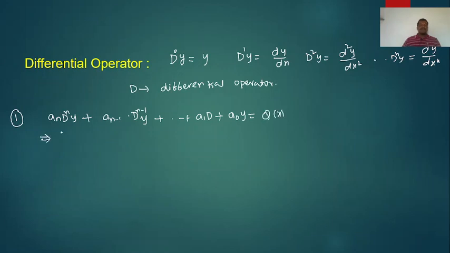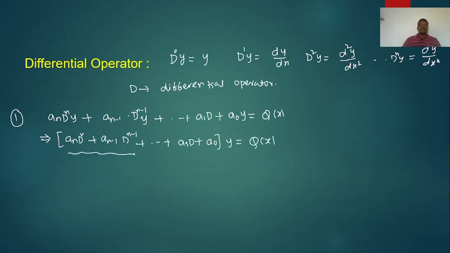This can be written as (a_n D^n + a_(n-1) D^(n-1) + ... + a_1 D + a_0) y = Q(x).